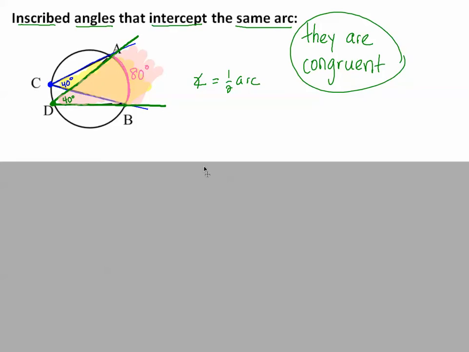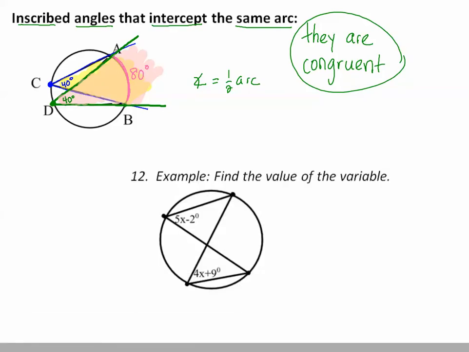So let's just apply that to one little example and we'll move on. Find the value of the variable. Well, here's an angle. I'm going to trace the sides. Why do I know I'm using that angle? Because this little measure is closest to this vertex. If I do my little highlighter trick and shine my flashlight, I can see the arc intercepted, that part right there.